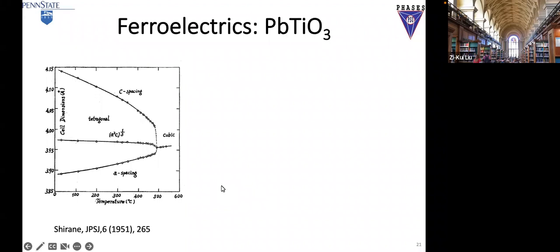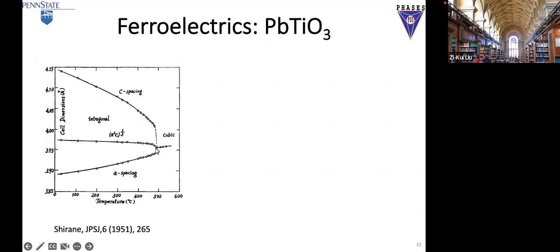Do I still have some time? Okay. Now what you see is the top curve here is the C-axis, and this is the A-axis. When temperature goes up, C decreases, A increases, and at the transition temperature they become equal. So that's pretty good. Then you say the tetragonal goes to cubic transition. But if you put the volume together, you see the volume of the tetragonal is here and decreasing, and then almost continuous.